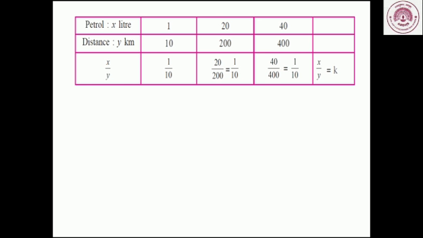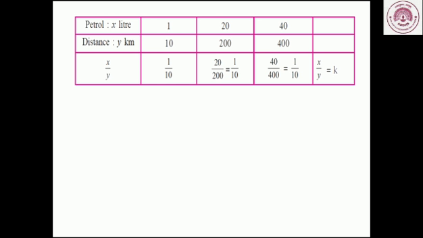Similarly, for 20 liters of petrol, the distance travelled by the car was 200 km, so the ratio x upon y will be 20 upon 200, which is equal to 1 upon 10.